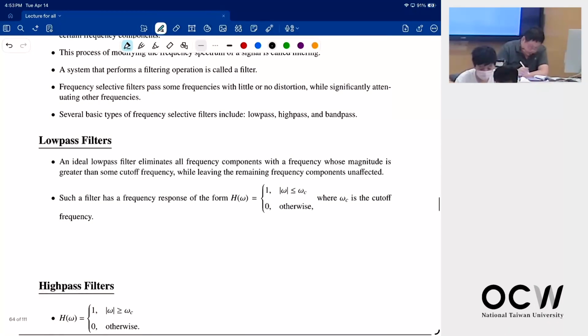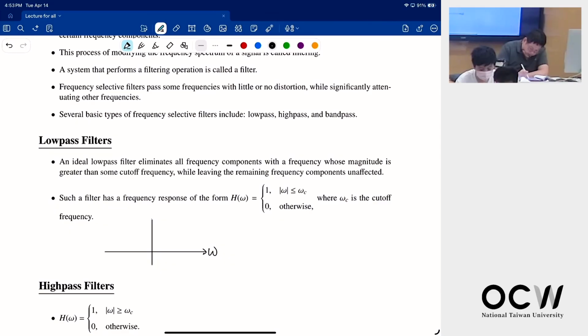Let's plot this right away. It looks like omega here, H of omega. This is the cutoff frequency.